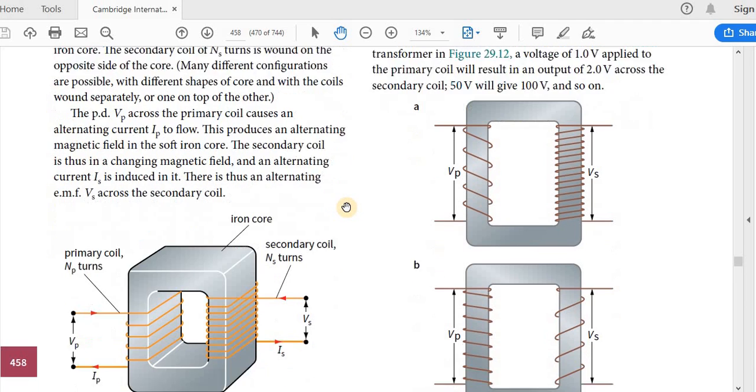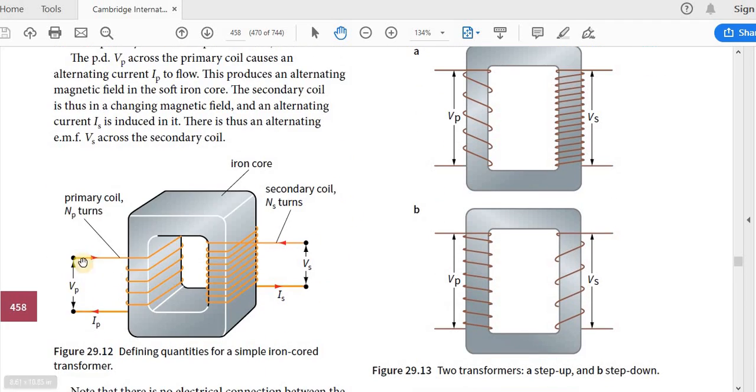Now by the way, this is the input coil, also called the primary coil. So if we say letter P for primary, then VP, IP. Similarly, secondary coil: VS, IS, NS. Number of turns in the secondary coil, voltage in the secondary coil, current in the secondary coil.